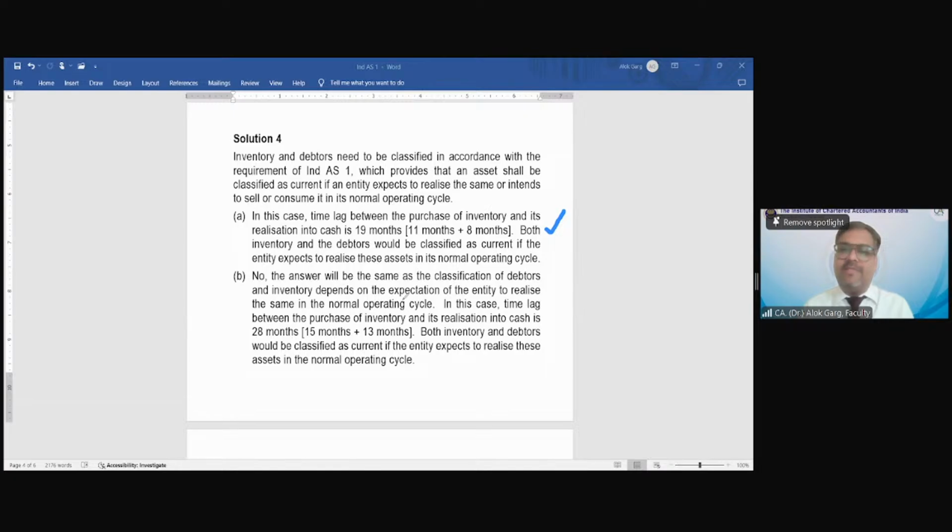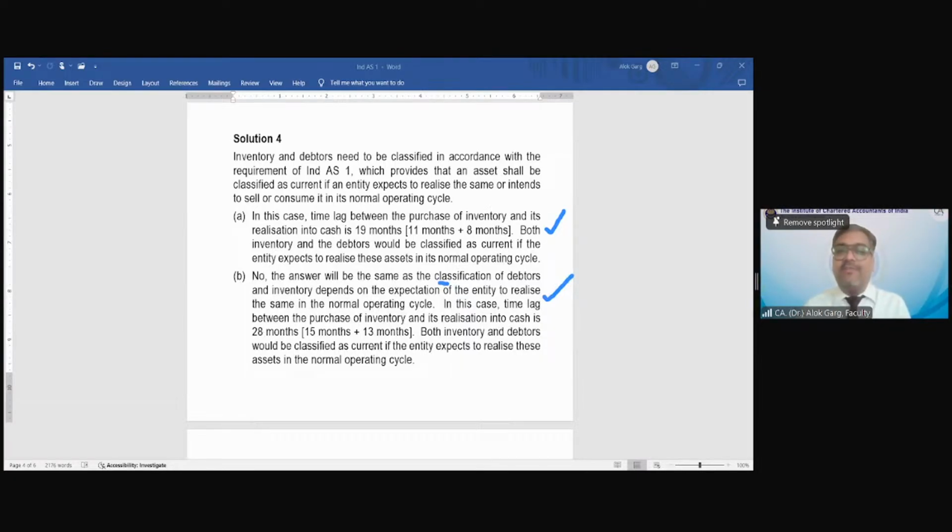Second, the answer will be the same. The question was whether your answer will be different, so that is why the answer is no. The answer is not different. The classification of inventory depends on the expectation of the entity to realize the same in the normal operating cycle. In this case, the time lag between the purchase of inventory and realization into cash is 28 months, right?